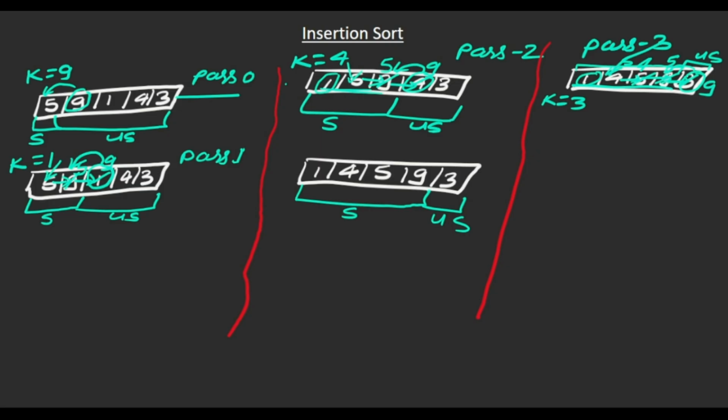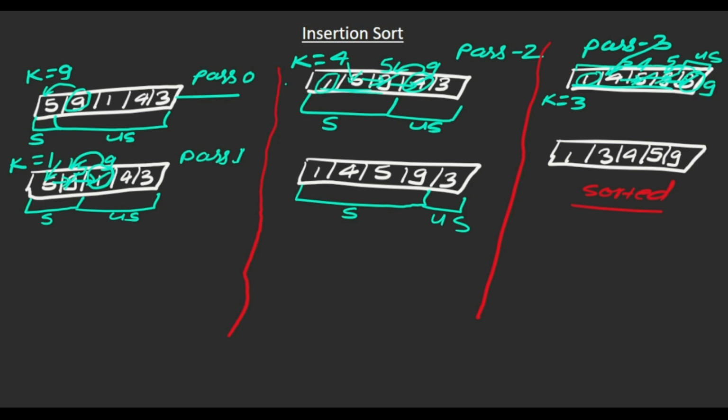So after this pass 3, our array looks like 1 3 4 5 9, right? So our array is now sorted, right? This is the sorted array.